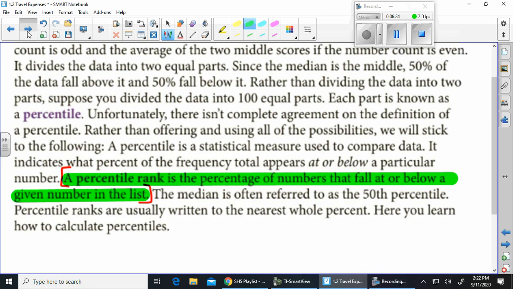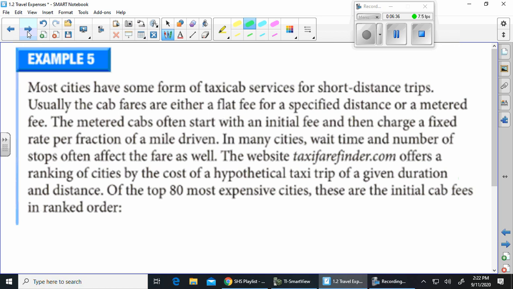Okay. So looking at an example, taxi cab services for short distance trips. They're a flat fee or a metered fee, which means the more you drive, the more you're going to pay. Metered start with an initial fee and then charge a fixed rate after that.